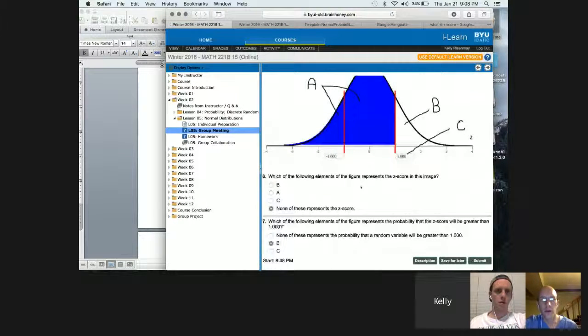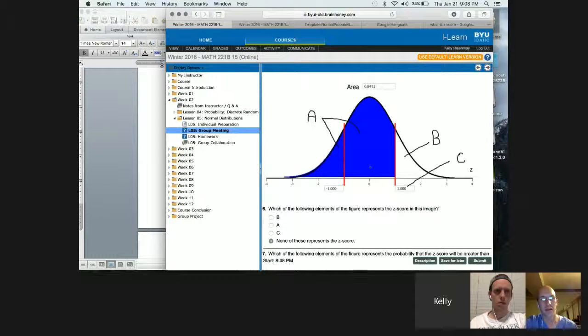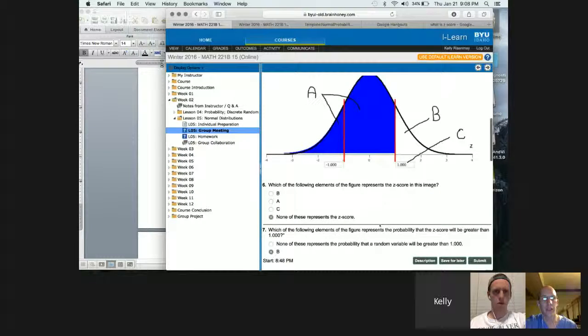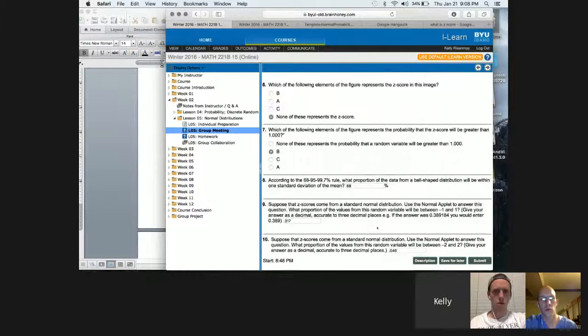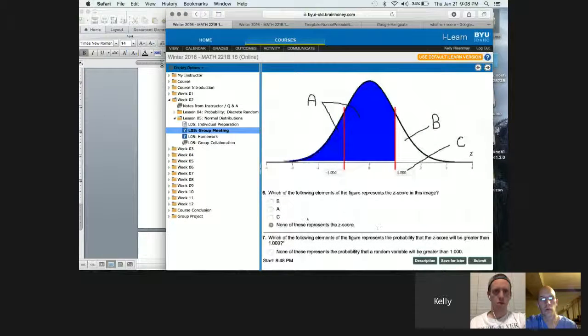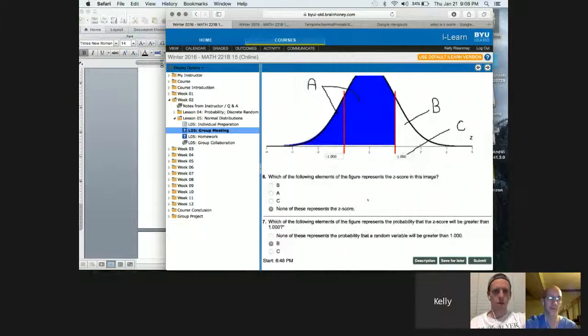Which of the elements represent the z-score in this image? A would be half of it. So it's either A or none of the above. I said none of the above. Okay, that works.